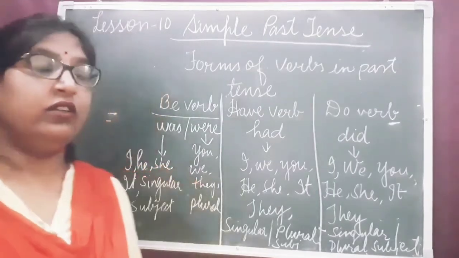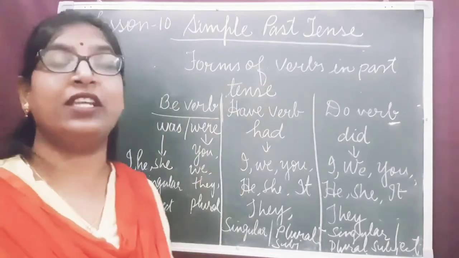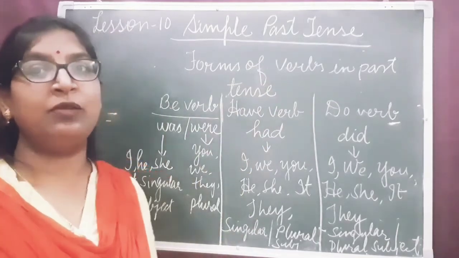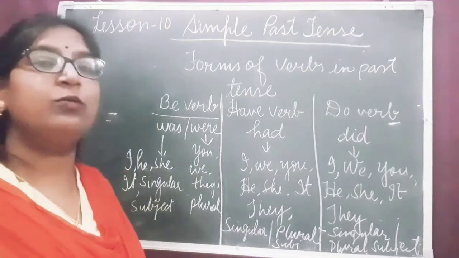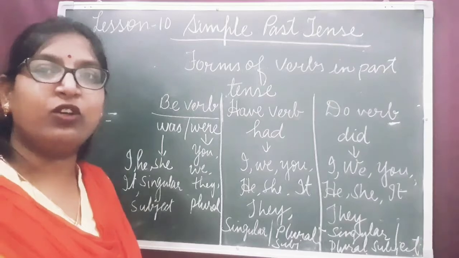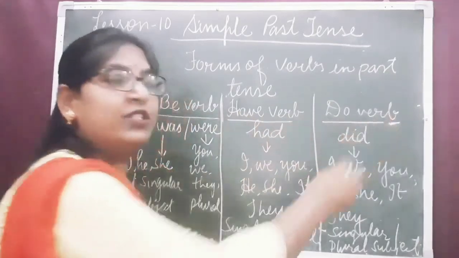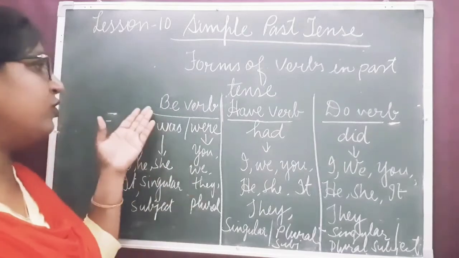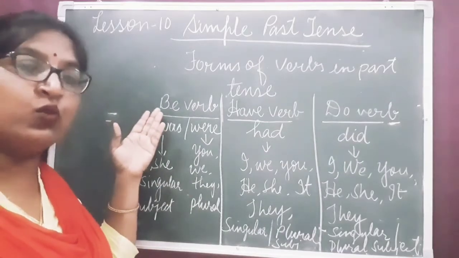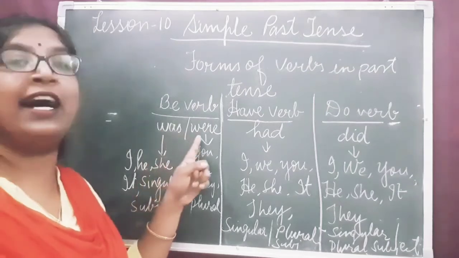Now dear children, through this table we learn different forms of verbs in past tense. In simple past tense, which forms of the verbs do we use? Auxiliary verbs are of three types: be verbs, have verbs and do verbs. The forms of be verbs in the past tense are was and were.